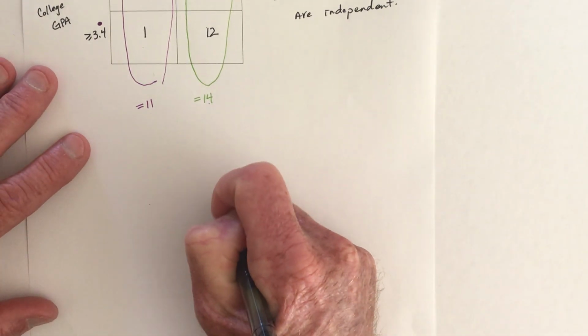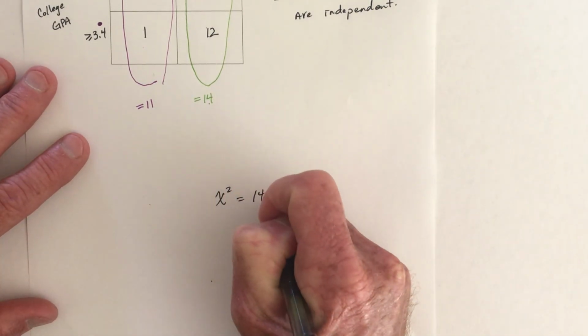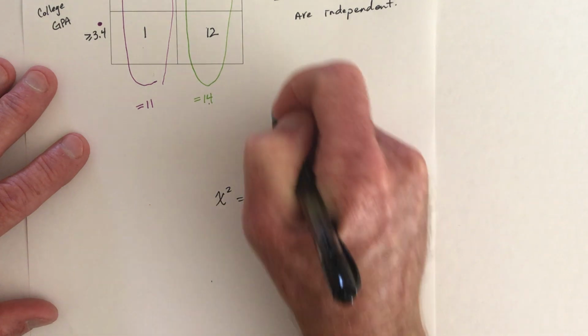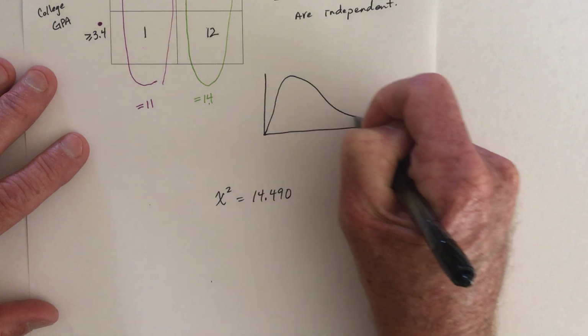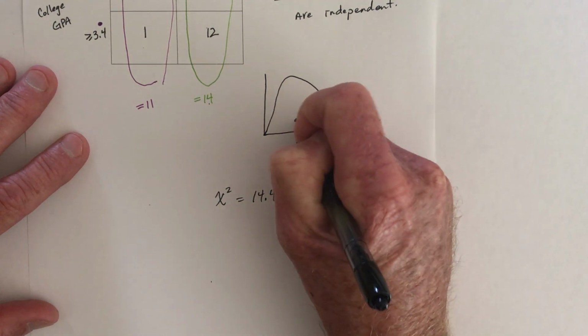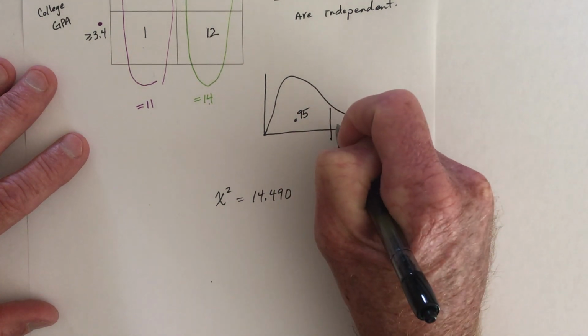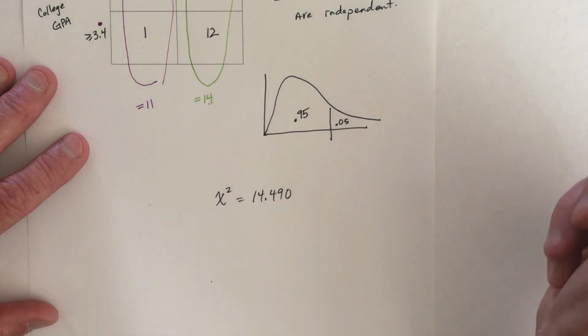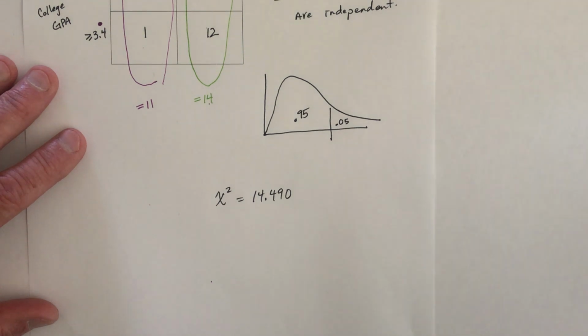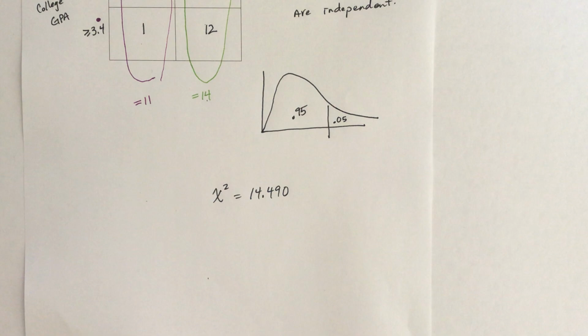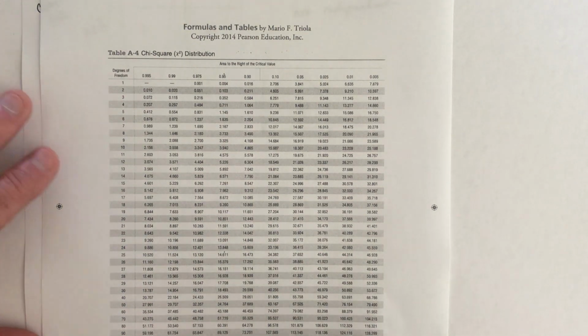So I have chi-squared equals 14.490. And then the chi-squared distribution starts at 0 and then is skewed like this. And if we're using 95% level of confidence, then this is 0.05. And then I need a table of values, which hopefully I can reach without dropping a bunch of stuff. Okay, so here's the chi-squared.